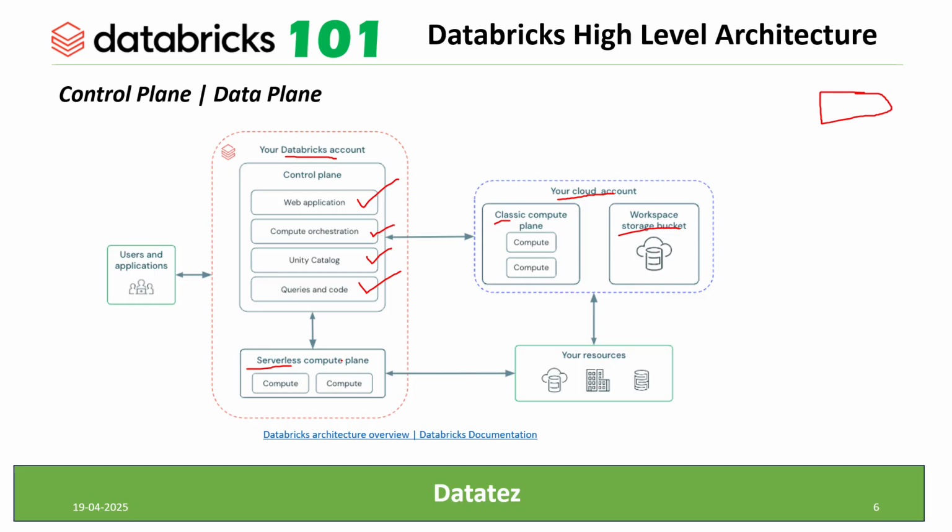If you are not going for serverless, we can provision clusters, and for the cluster the VMs will be drawn from the cloud account itself. So that way we could say the billing related to the VMs that we are using for the clusters and the billing related to the storage will be incurred against our own cloud account.